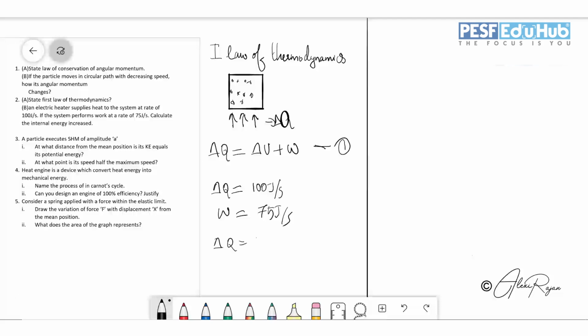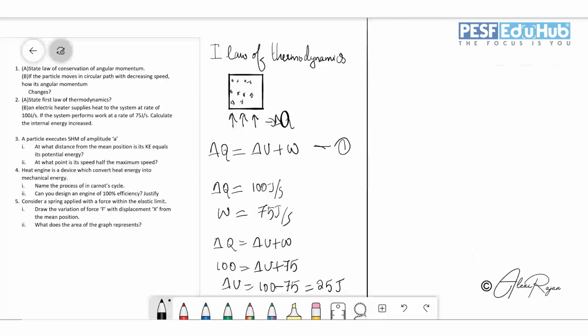Delta Q is equal to delta U plus W, so 100 is equal to delta U plus 75. From there delta U is equal to what? 100 minus 75, that is equal to 25 joules. So this is the thing. The internal energy, delta U, is equal to 25 joules.